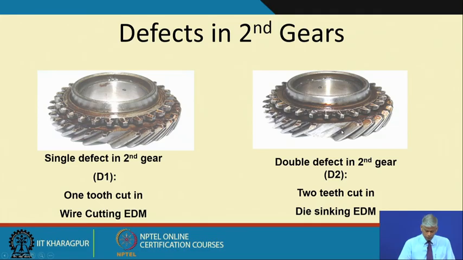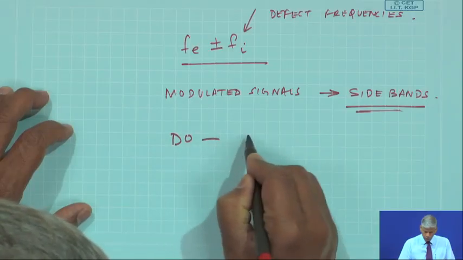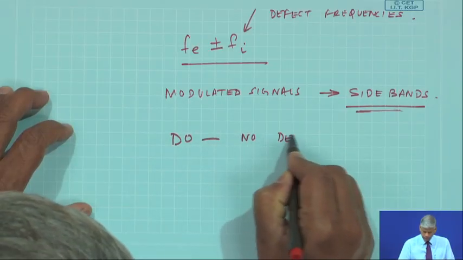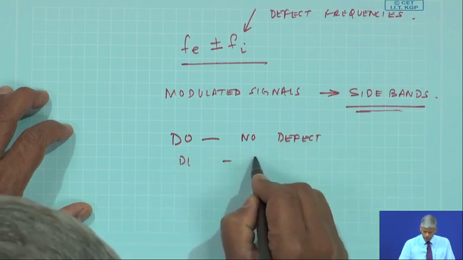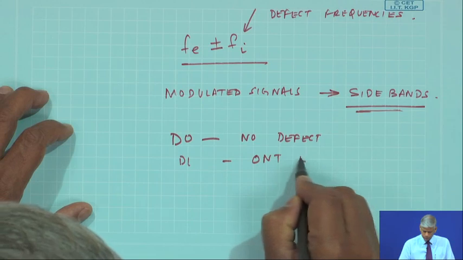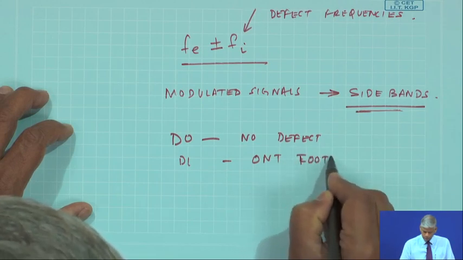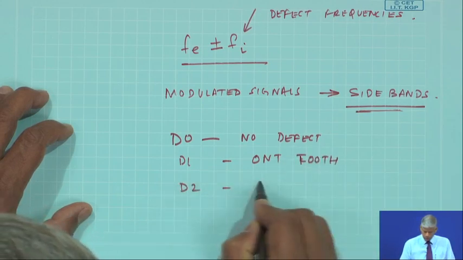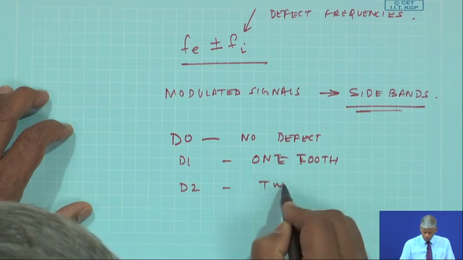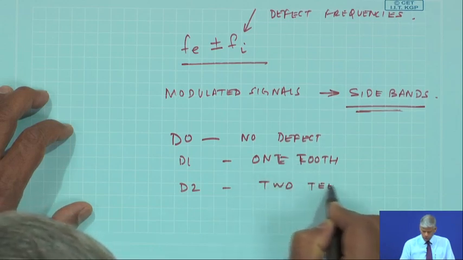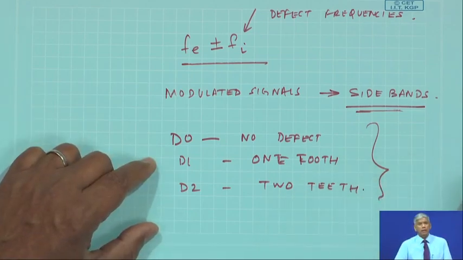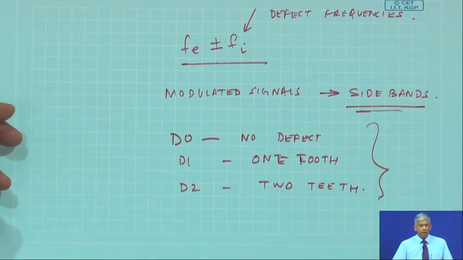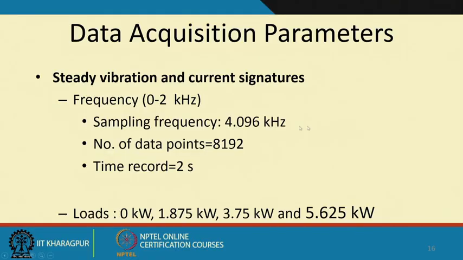So, we have these cases: D0, no defect in the gear; D1, one tooth removed; and D2, 2 teeth removed. For all these conditions we ran the gearbox at different speeds, measured the current, measured the vibrations, and then derived all the conclusions which we have got.